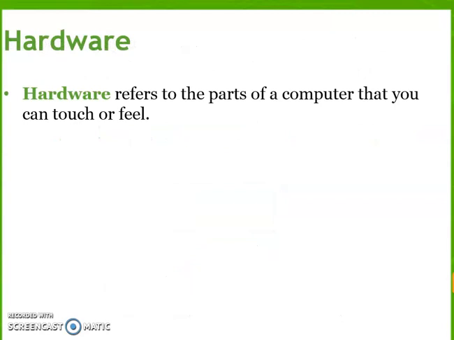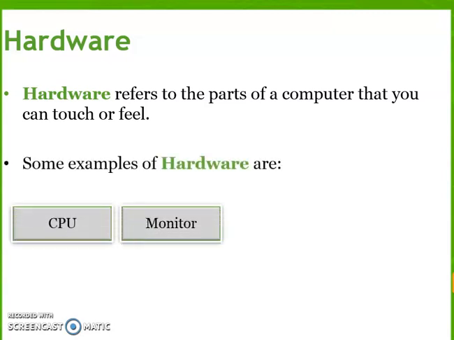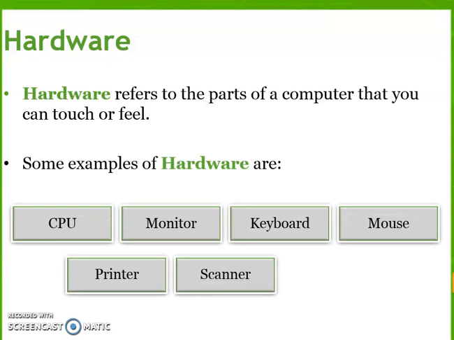So these are types of software. What is hardware? Anything which you can see, which you can touch, which you can feel. In the hardware, there are your CPU, your monitor, your keyboard, your mouse, your printer, your scanner, your microphones.